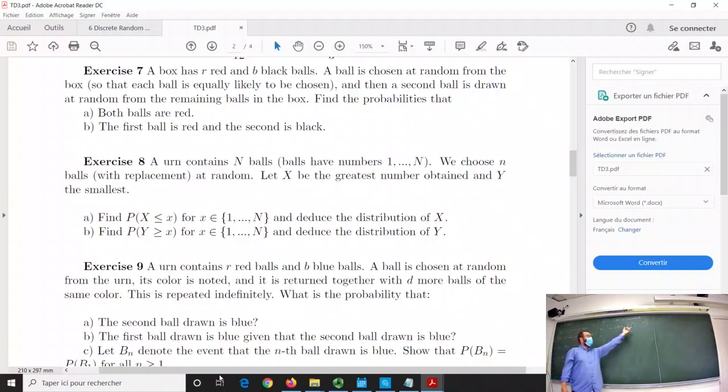So I have a uniform on this set. What is the probability for each element to occur? 1 over the total number of elements, and here it's capital N.